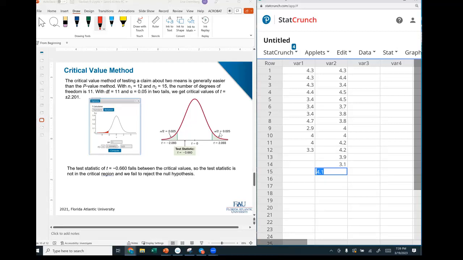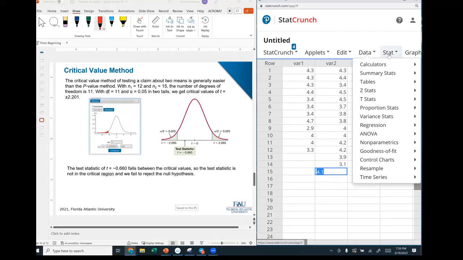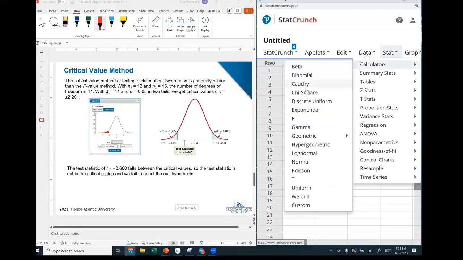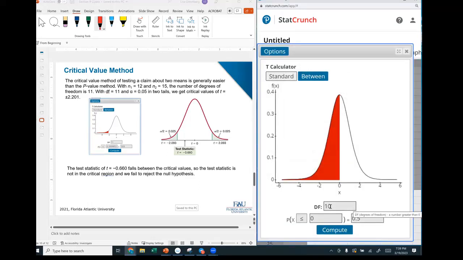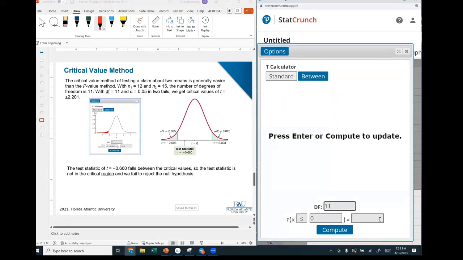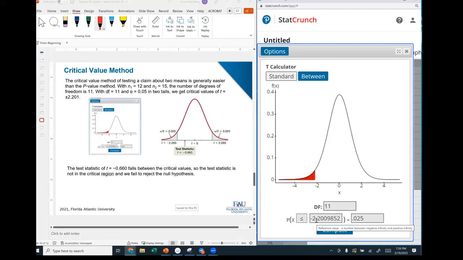If we want to find out what the t is there, we can go to Stat, Calculators, T. Here I have 11 degrees of freedom. I want to know what my t value is on the left side. It's going to give me a negative number.